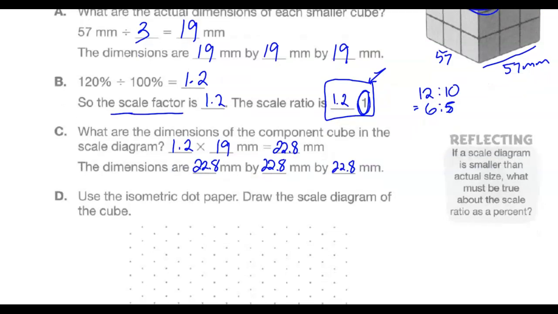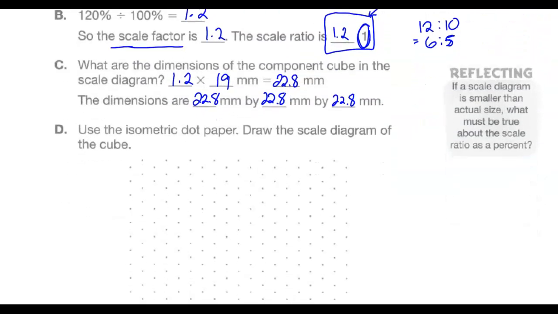Use the isometric dot paper, draw the scale diagram. So it's not telling us what measurement it's representing. Remember the diagonal, so your front view is going to be left diagonal. So basically it's going to meet the corner, something like that. This would be the front, this would be the right. Now saying that, this is a cube, but we need to show it for 22.8 millimeters.